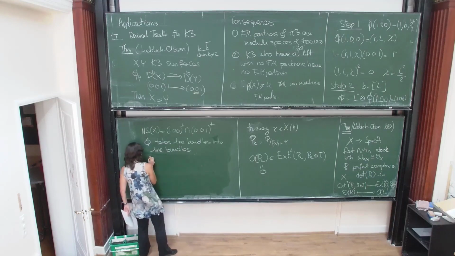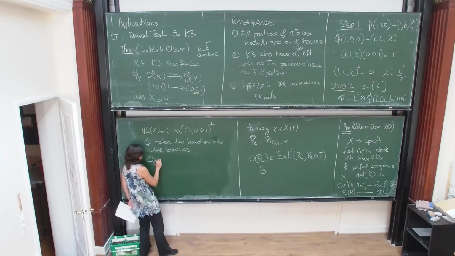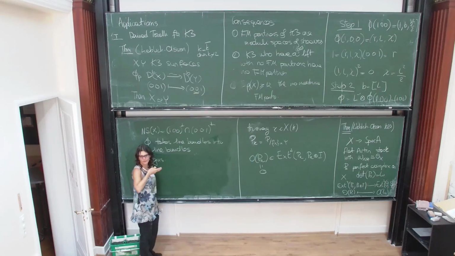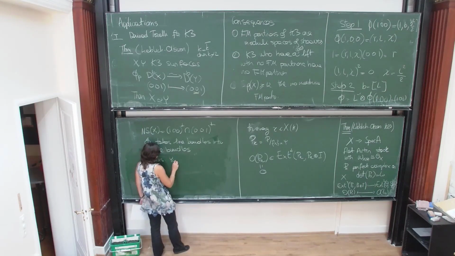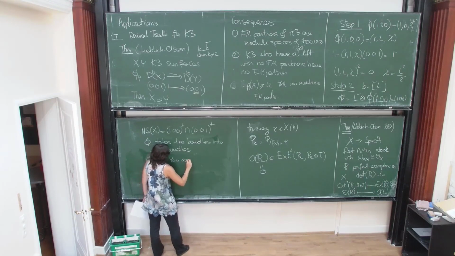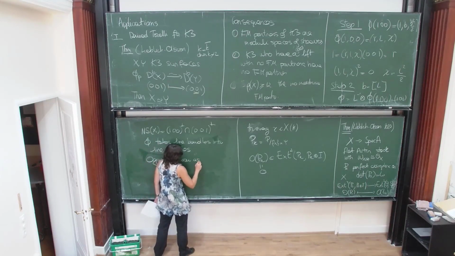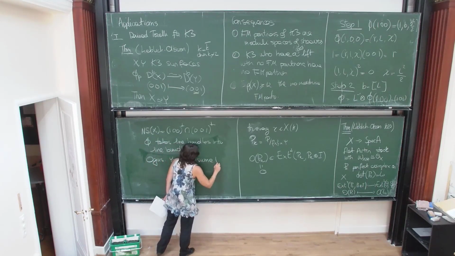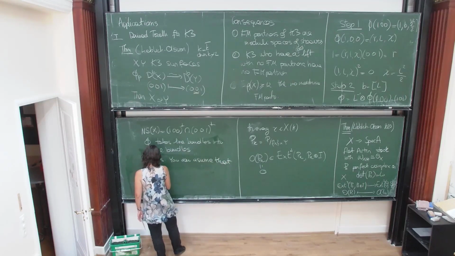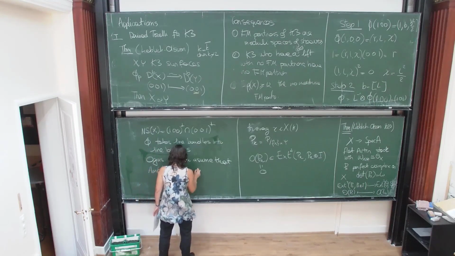And as a consequence of a result of August, by twisting with a spherical twist, you can assume that Amp X, the ample cone, goes into the ample cone.